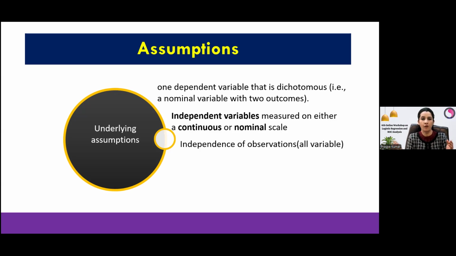So if I have not kept a question like, have you answered me before, then I might collect the data of one female twice. That is what we mean by independence of observation, because then there are two entries in my data set which are the same individual. So that means the independence of observation assumption is not met.